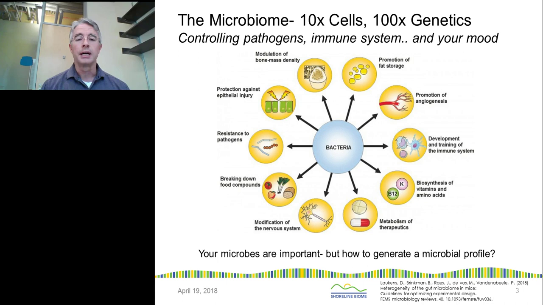So really, microbes are extraordinarily important in overall health and disease, and people want to study them. But how do you generate a microbial profile? How do you figure out which microbes are there and what are they doing?